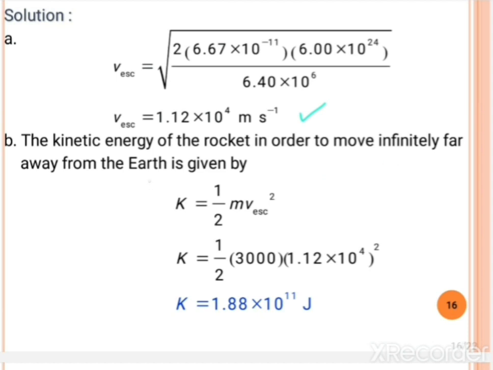Using the equation kinetic energy equals half mv squared, but v here we replace with escape velocity, using the value from part A. You will get the answer kinetic energy equals 1.88 times 10 to the power of 11 joules.